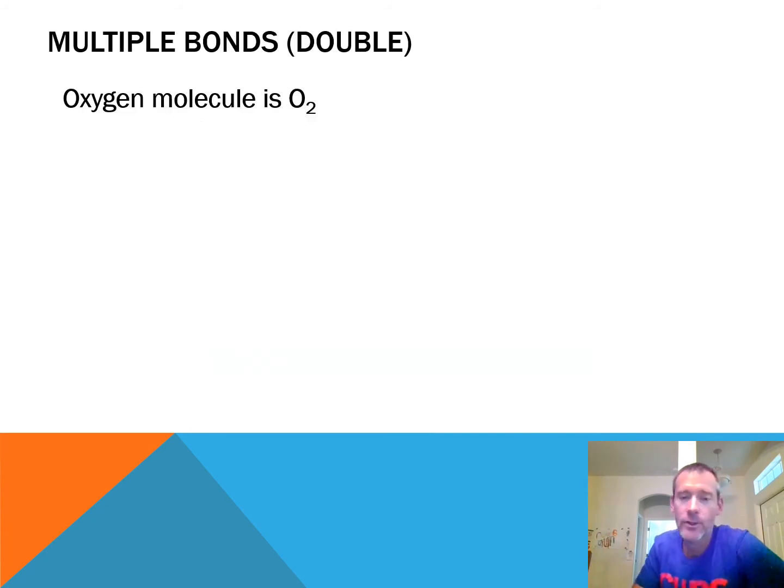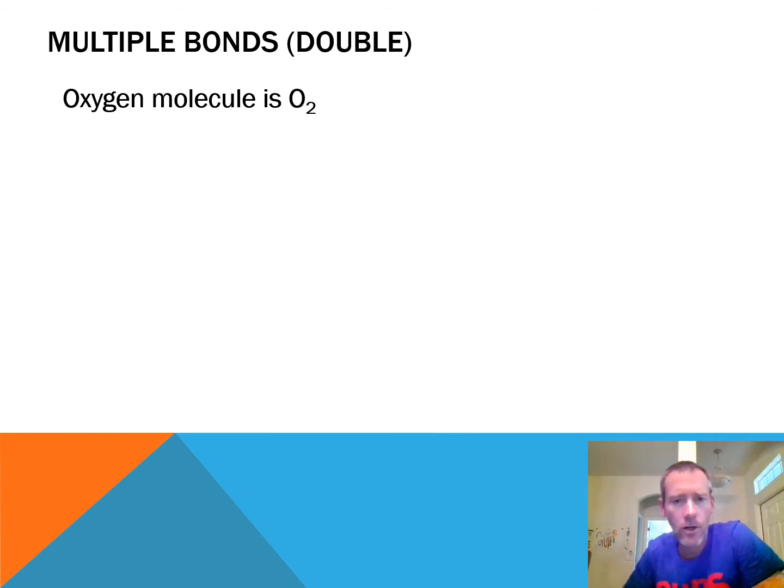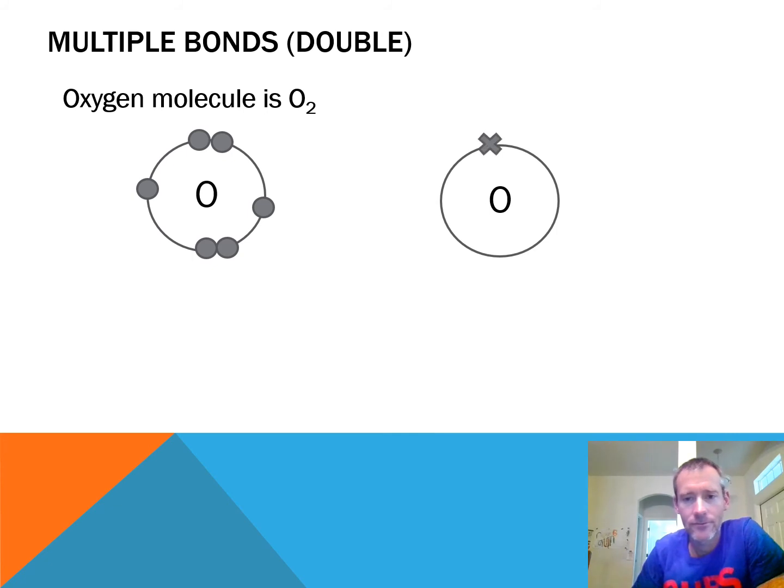All right. Showing double bonds takes a little more elaborate work. Oxygen has 6 valence electrons, so we put 6 here, and it's O2. Again, 6 valence electrons.